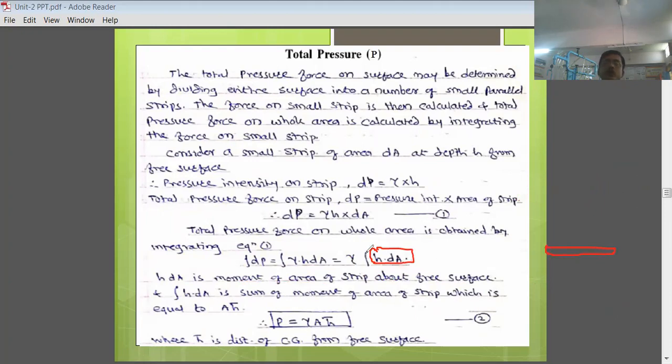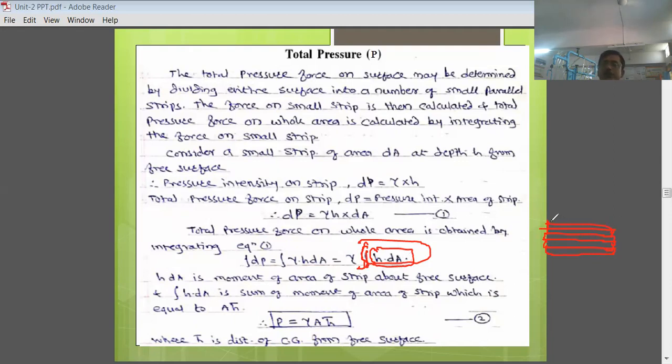When we talk about the integration of h dA, it denotes the sum of the moment of area of all the strips. Whatever strips are there, the sum of the moment of area of all of them is denoted by this integral h dA.